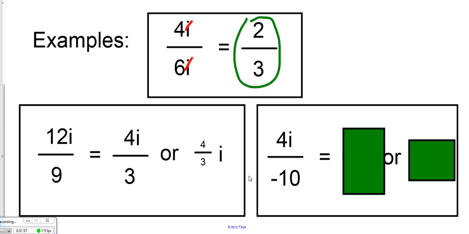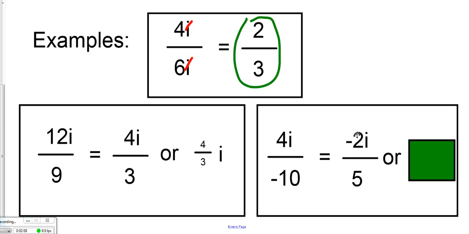Now in this case, this is basically the same exact problem as over here, only I added a negative at the bottom. Now again, I can divide out a 2 from the numerator and denominator to leave a 2 and a 5. And I divided out a negative 2, so the negative came up top.